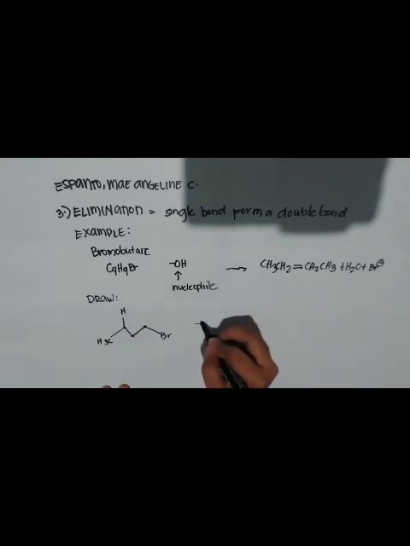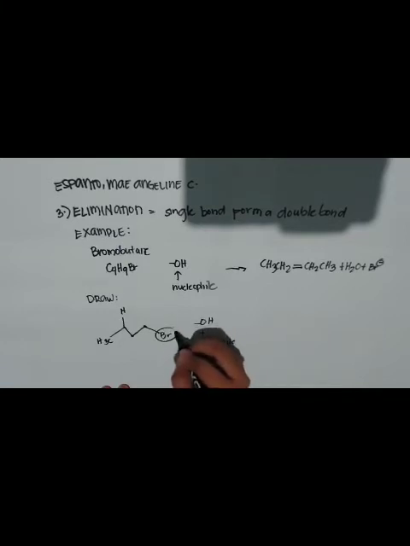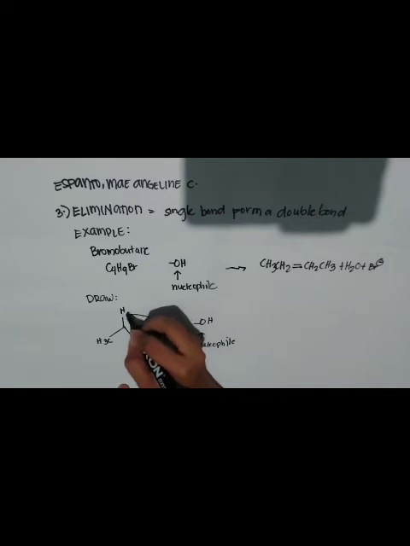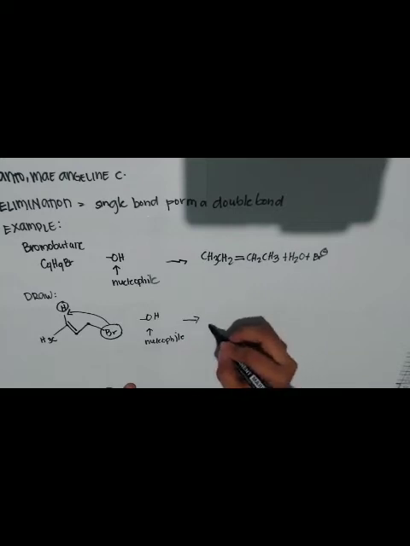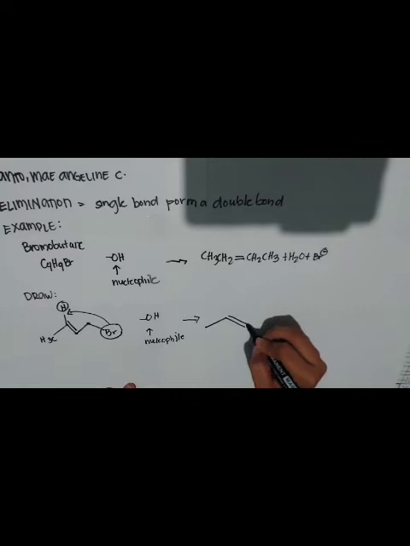Then plus the OH, which is the nucleophile. This is the leaving group, and then this will attach to the H, and then this will form a double bond. So this will be the product, 1, 2, double bonded, 3.